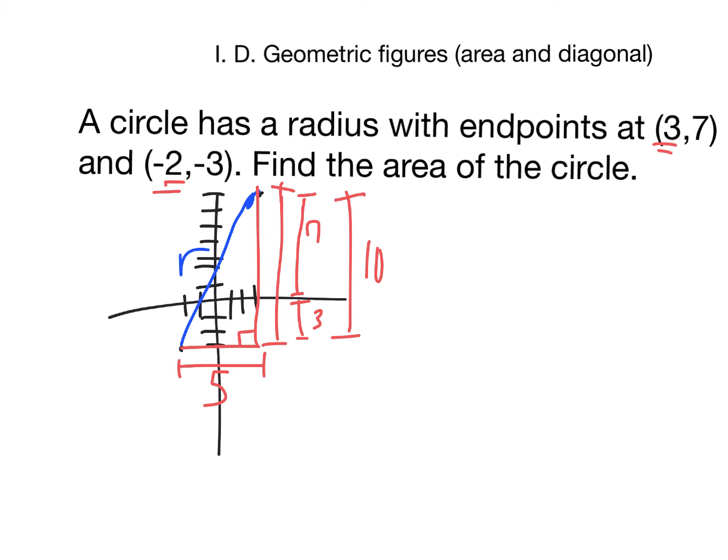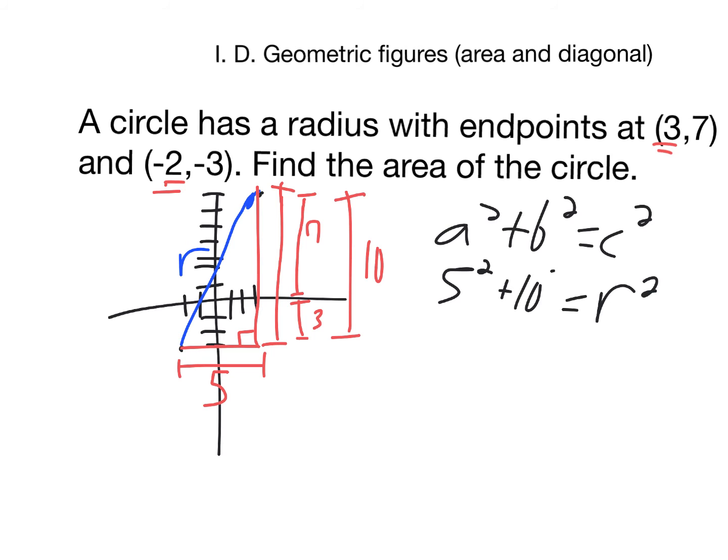Then we can use the Pythagorean theorem: a squared plus b squared equals c squared, and c is the longest side of our right triangle. 5 squared, 5 times 5 is 25, 10 times 10 is 100, and if you add those together it's 125.